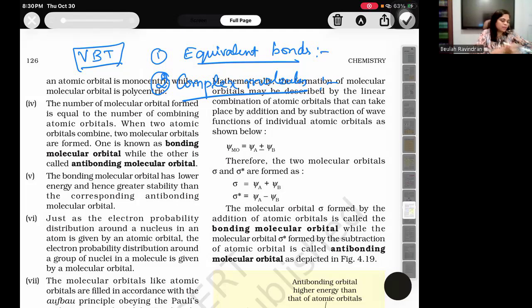For example, in the bonding pattern, it has to explain how the electrons are delocalized from one place to another place. This complex molecule has such a case, and valence bond theory failed to explain that.